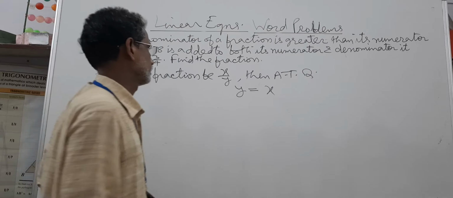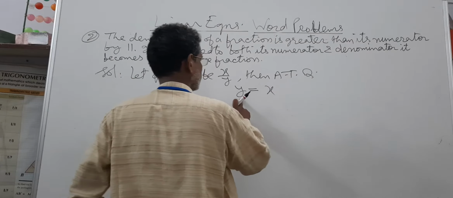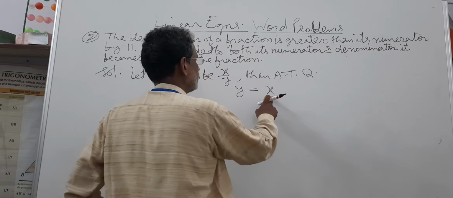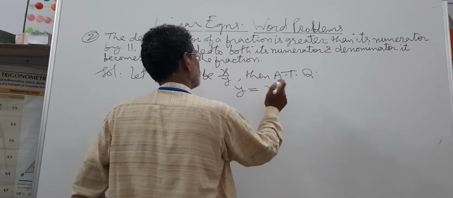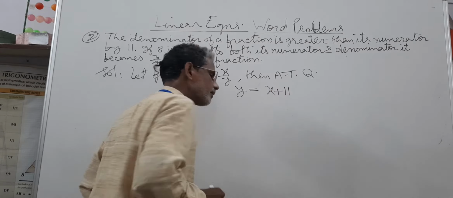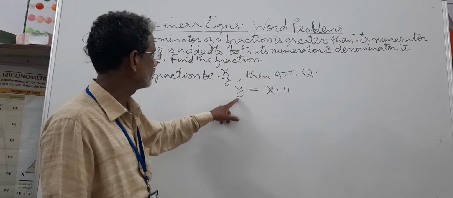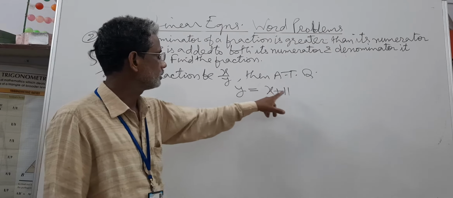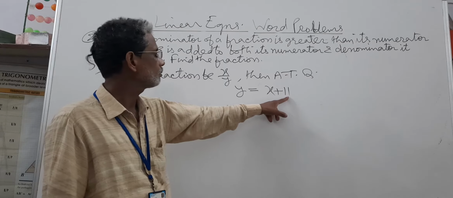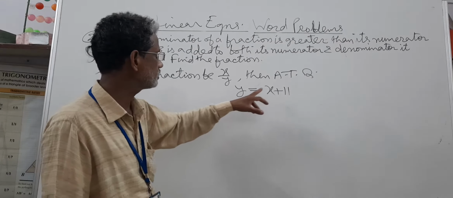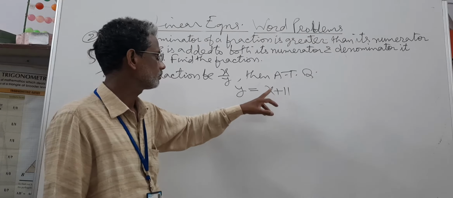By 11. This is greater than this by 11, that is, this is small. Add 11 here and you will get equal quantities. Denominator is 11 more than numerator.